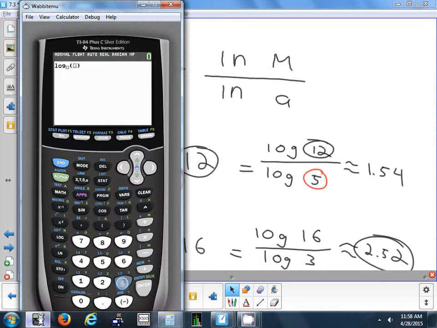I'm not sure this really saves me that much time. But I can type it in directly on that calculator. On the test, though, the calculators that I just passed out, those are the ones you'll be using, so you've got to know how to type it in this way.